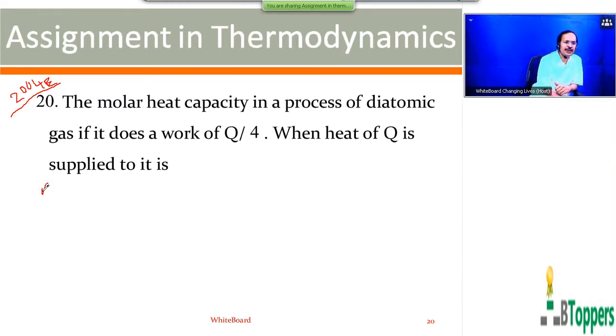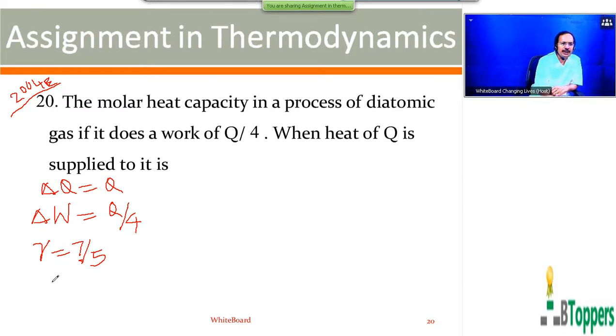That means the heat energy supplied to the gas is simply denoted by Q, and work done by the gas, delta W, is given to be Q by 4. For a diatomic gas, gamma can be taken as 7 by 5. They ask to find the molar heat capacity for the process.